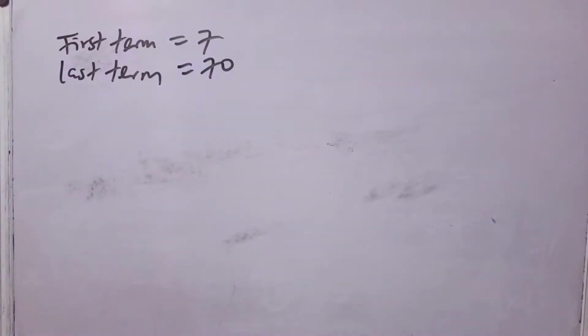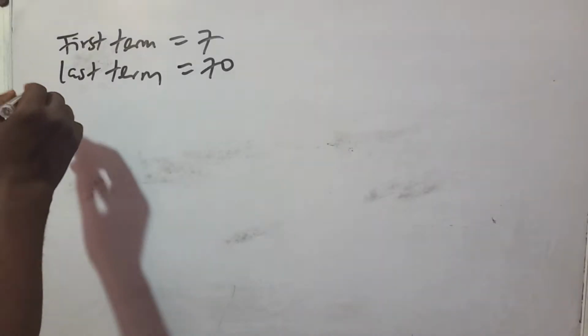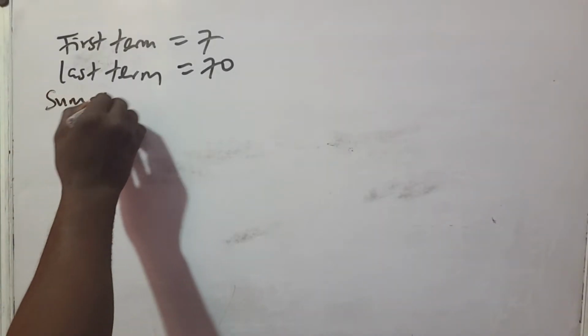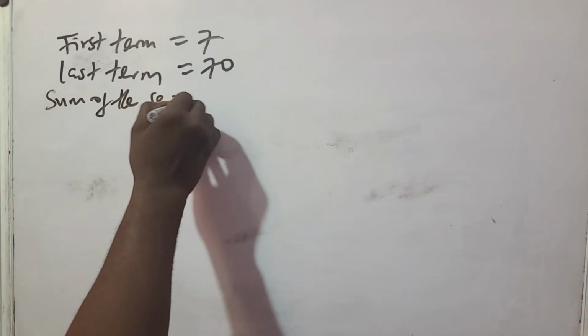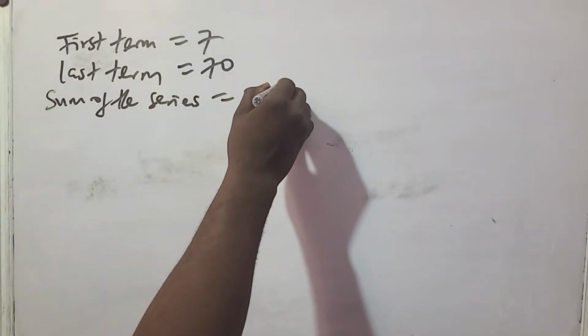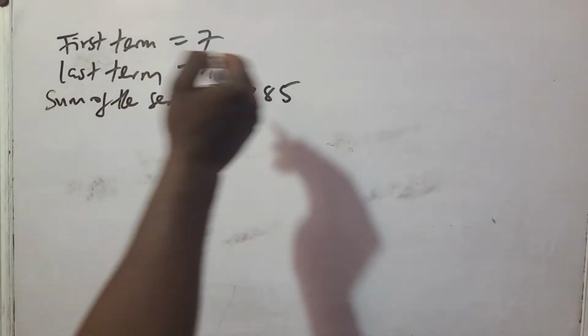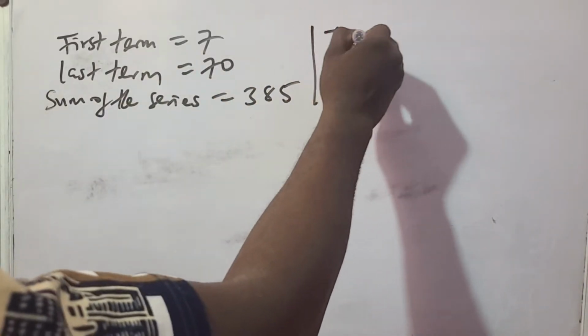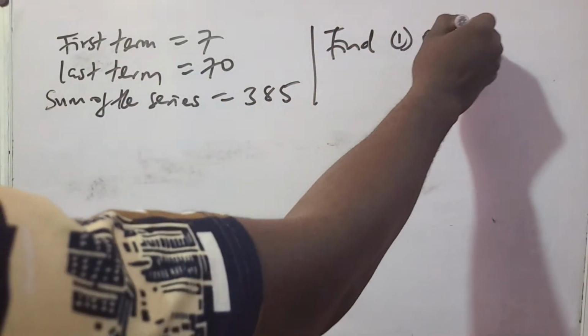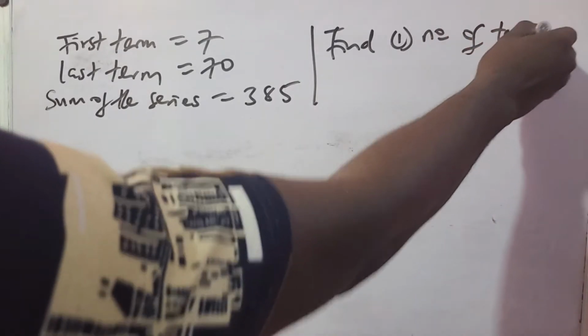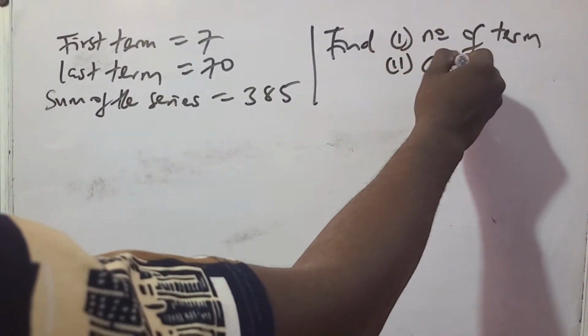And the sum of the series is 385. So the question is for you to find the number of terms in the series, and then also find the common difference.